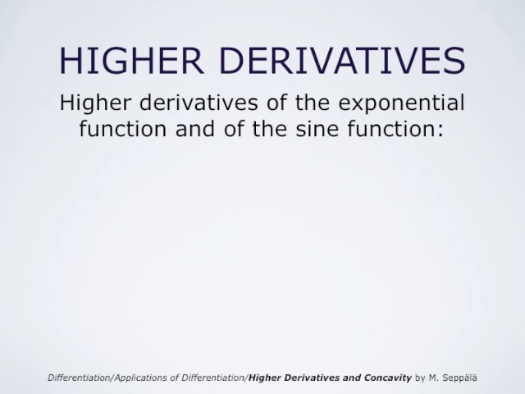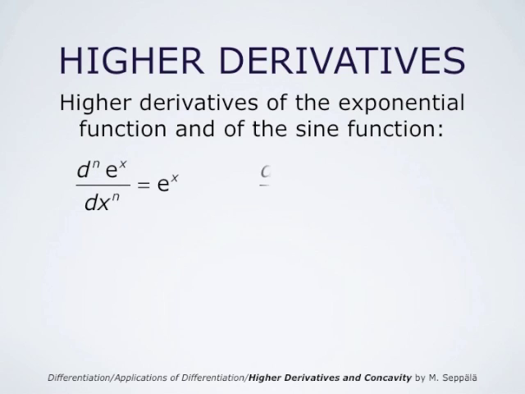For the exponential function and for the sine function, differentiation is particularly simple. The derivative of the exponential function is the exponential function itself, and therefore all the higher derivatives of the exponential function are the exponential function itself.